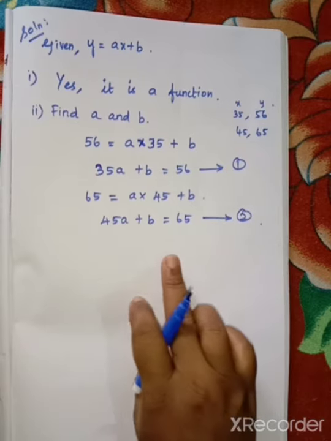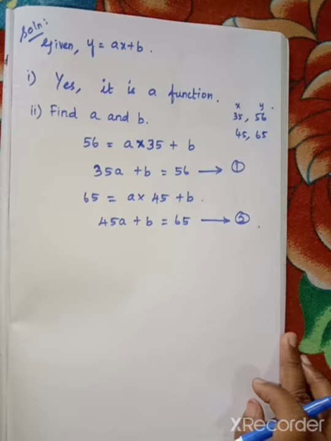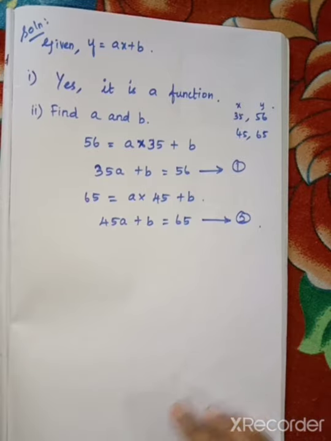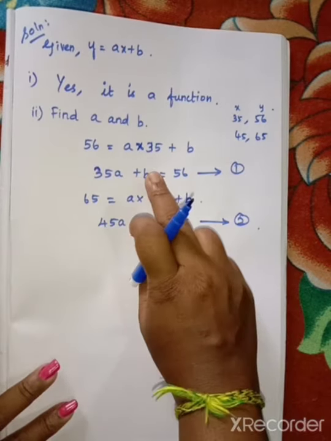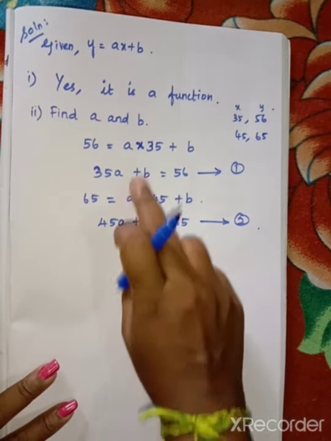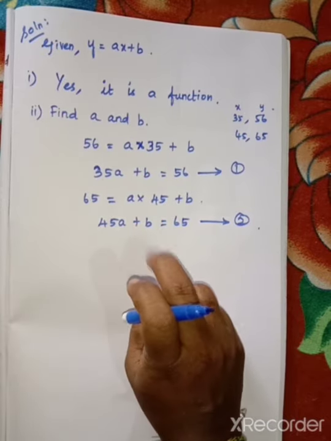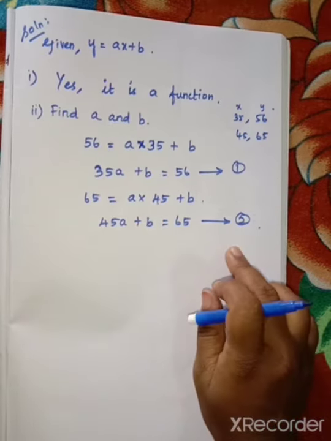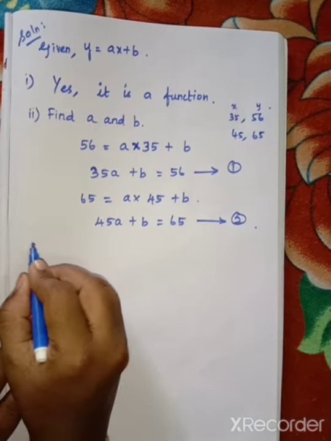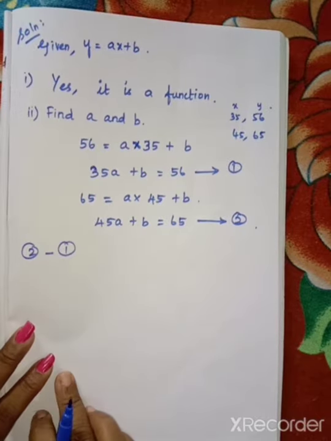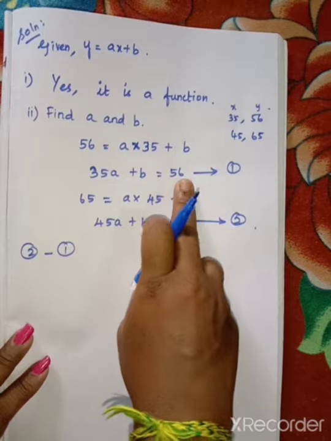Here we can solve by using the arithmetic operations, that is addition, subtraction, multiplication and division. By using this we can solve these two equations. Here b is the same term, with the same symbol also. So if it is minus, that is different, we can cancel here. For that we have to do one thing, that is second equation minus first equation, because here 45, here 35, here 65, here 56.